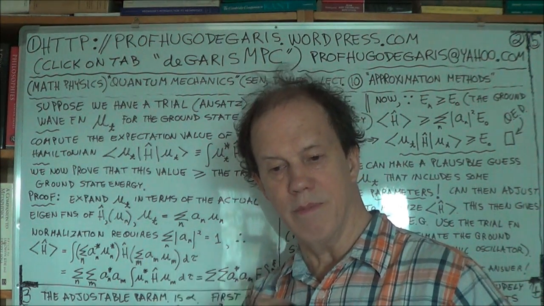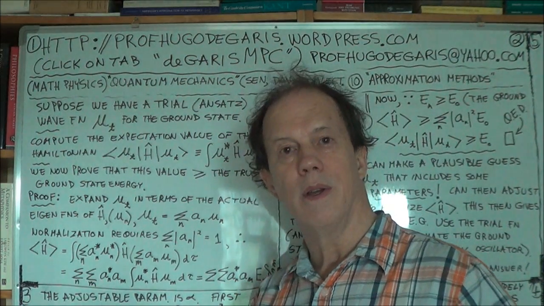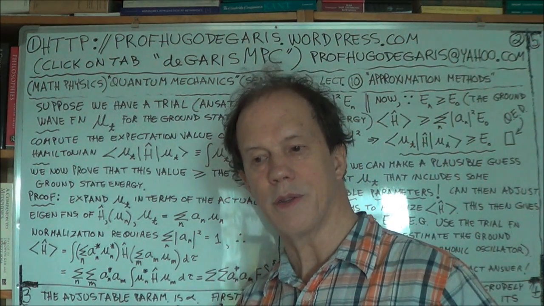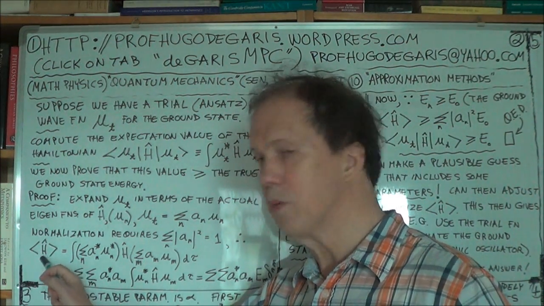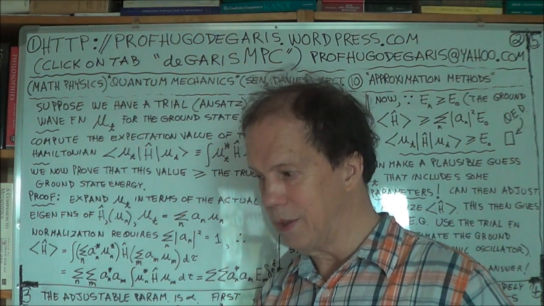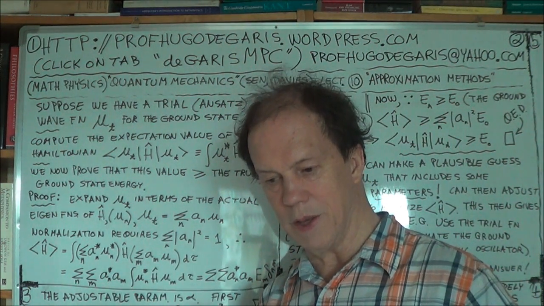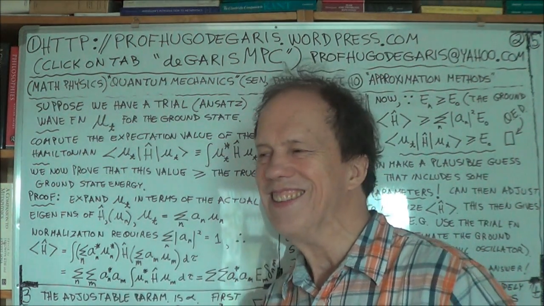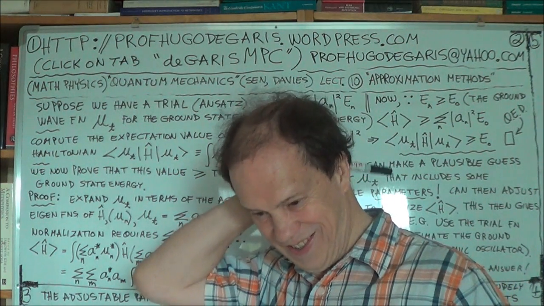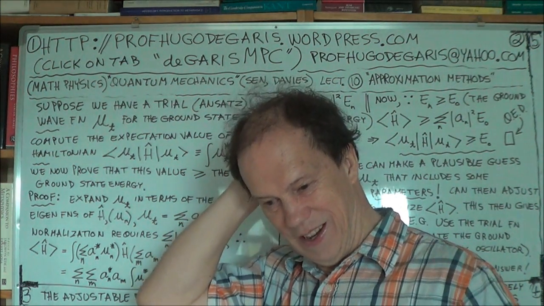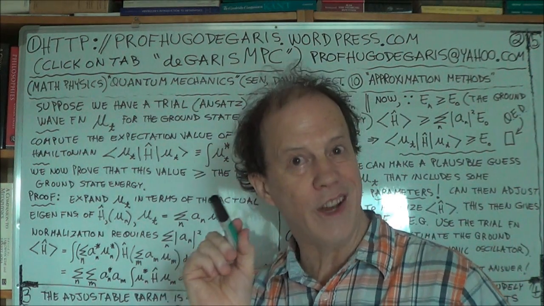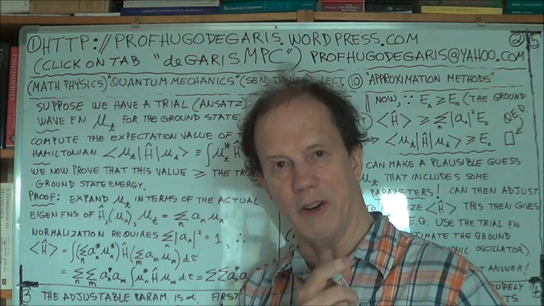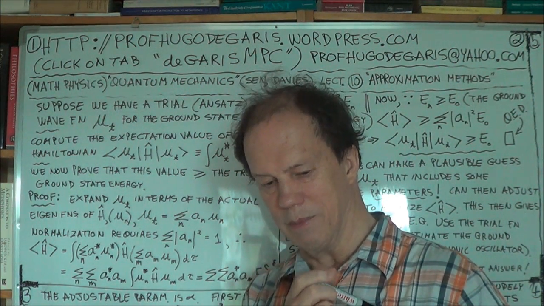And you can then minimize this expectation value by just doing high school calculus, since it is a function of the parameters. In this session and the next, we'll keep things fairly simple. We'll just use one parameter, which we'll call alpha, again. Lots of alphas in different contexts, and different meanings. This time it's just a parameter that we can vary, and hence the label of the technique, the variational method.